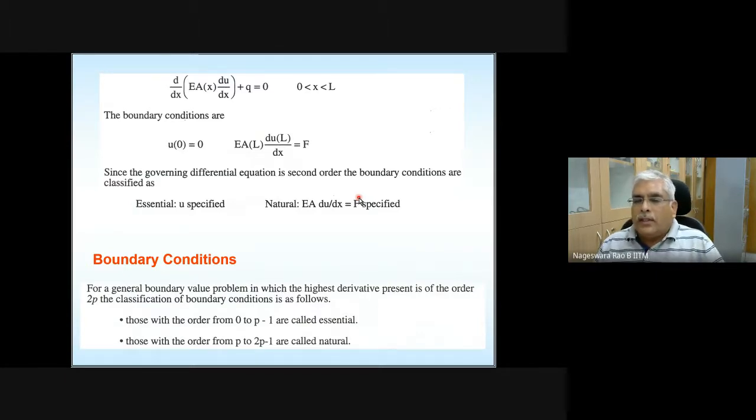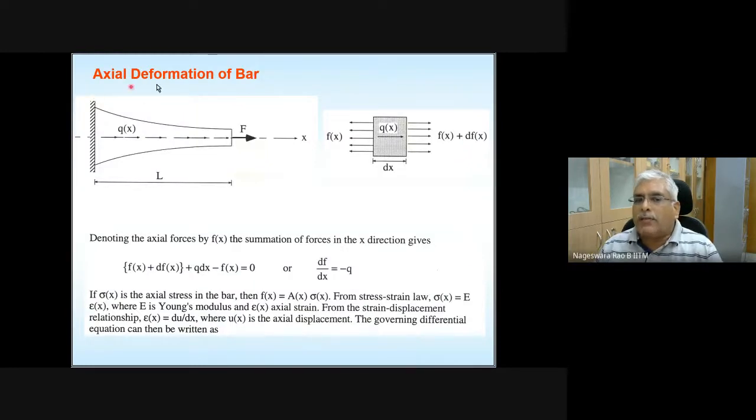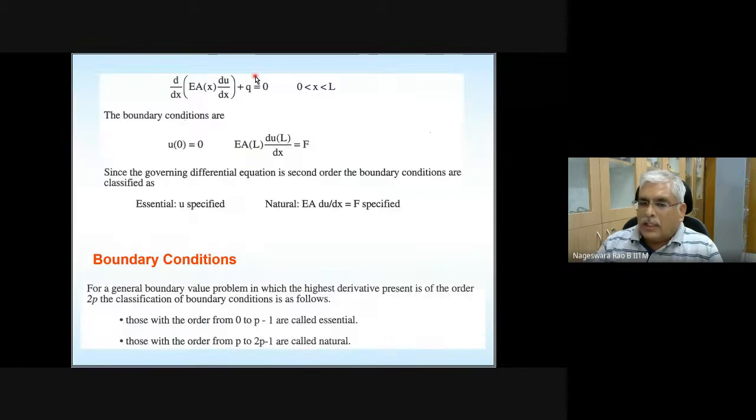Okay, so we can summarize this in this manner: axial deformation of a bar. The physical phenomena associated with axial deformation of a bar can be described using this equation, which is a second order differential equation. And these two are the boundary conditions.